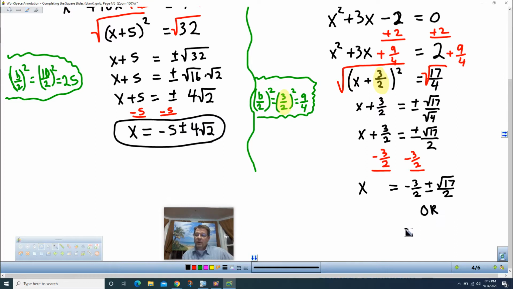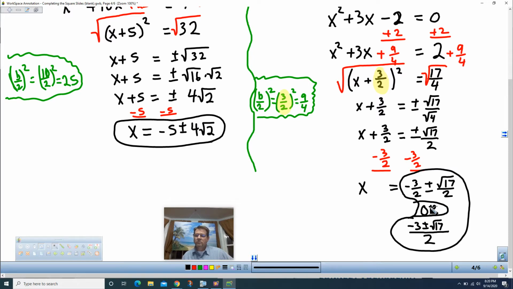Or we could write that as negative 3 plus or minus the square root of 17, all over 2. Either one of those works just fine.